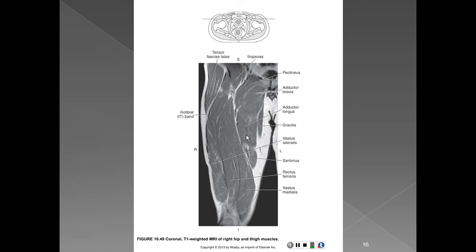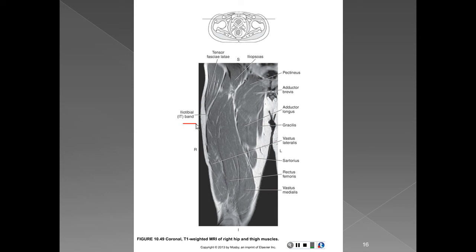So we have a coronal T1 weighted MRI of the right hip and thigh. And we have a good picture of the iliotibial band, okay? So the iliotibial band, also called the IT band, is a long, wide band of fascia that lies over the muscles on the outer surface of the thigh.